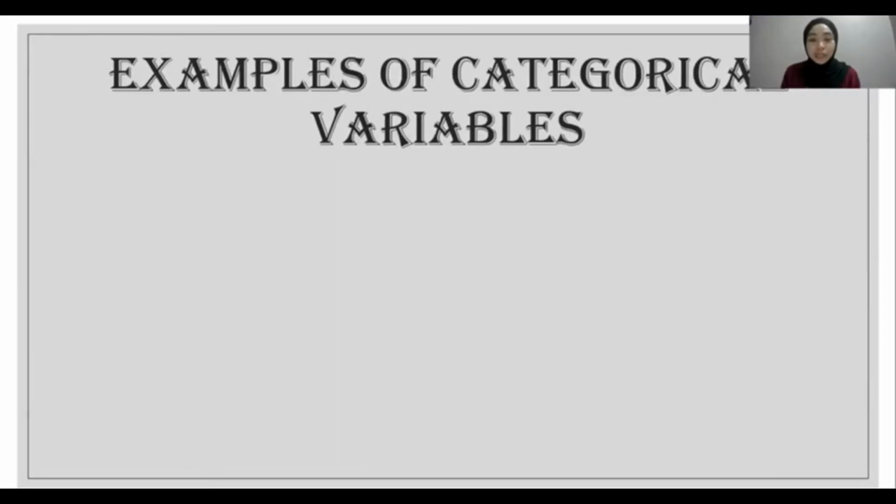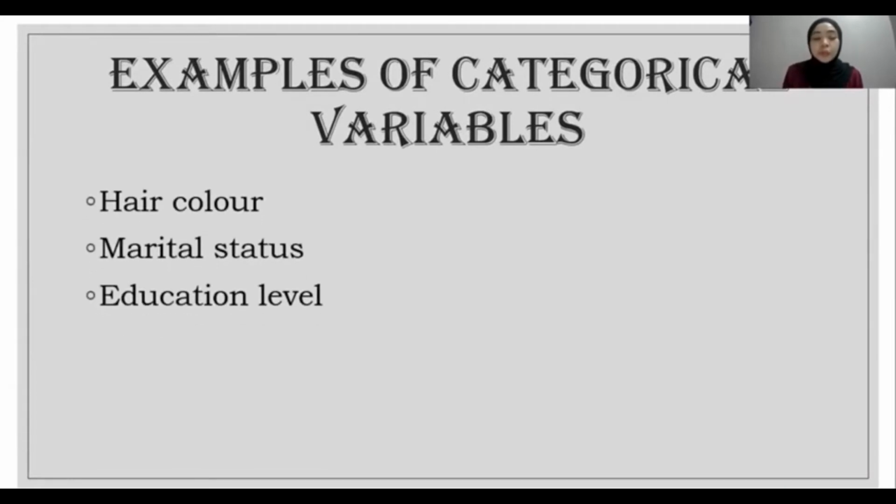So now I will share with you some examples of categorical variables. Example number 1 is hair color. You might have someone who has red color, or maybe blue color, or purple color, or green color. Let's say I'm finding the mean of hair color.